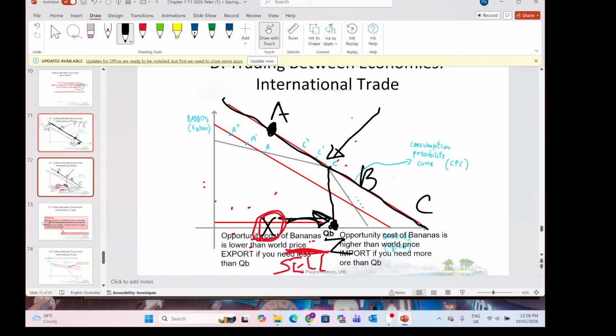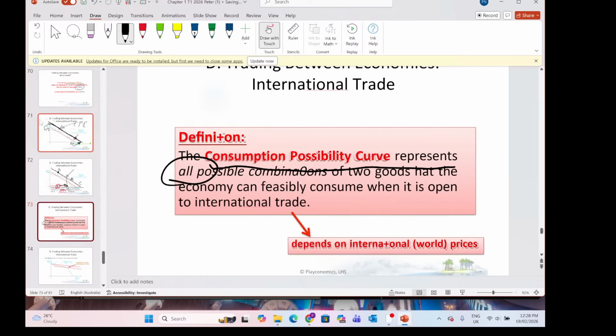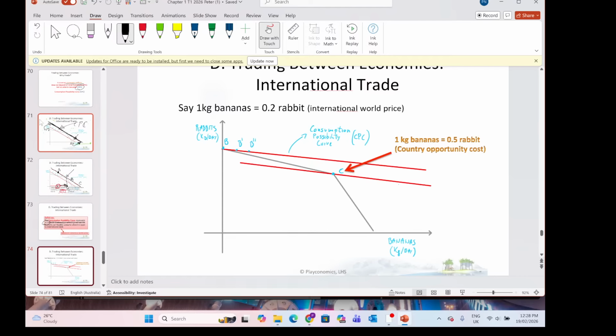Now we've got an extreme example coming up, where, I'll just remind you what Alberto's opportunity cost was. Remember, Alberto's opportunity cost for bananas was 0.5 of a rabbit. And Leo's was 1 rabbit.